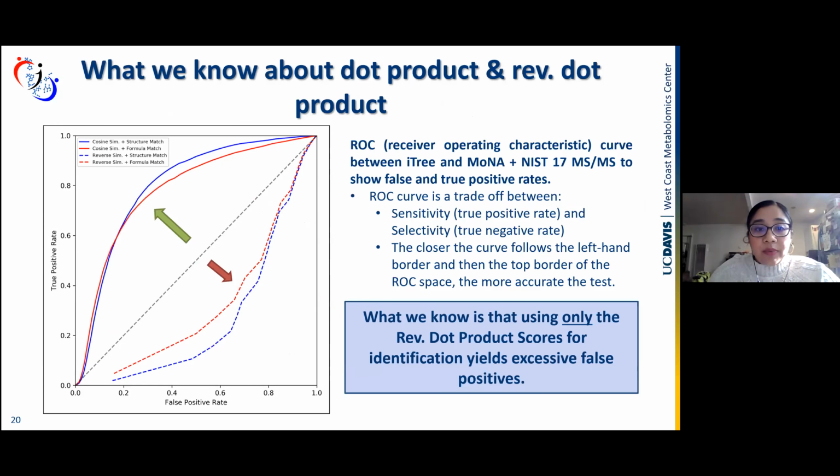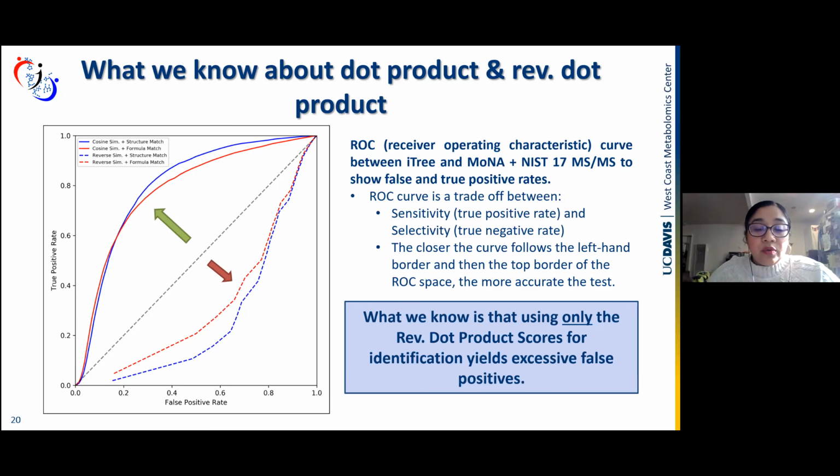So what do we know about dot product and reverse dot product scores? This is a receiver operating characteristic curve, or ROC curve, between iTree, which is an older library of mine, and MONA plus NIST 17. It's comparing the libraries against each other and showing the false and true positive rates.